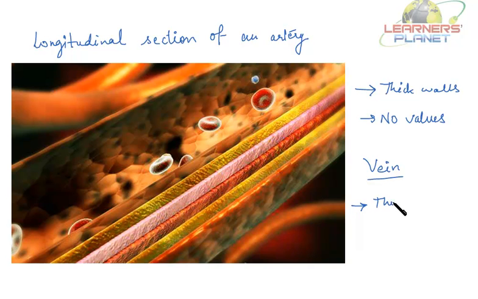They have thin walls, and the second difference between them is that they have valves. So remember the difference between the two. This can be better understood when we see the longitudinal sections of both the blood vessels.